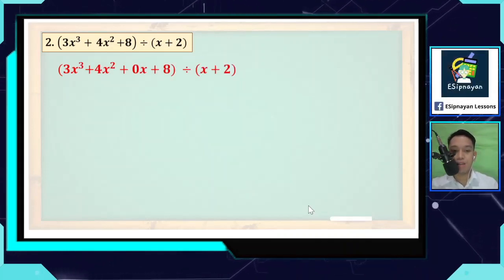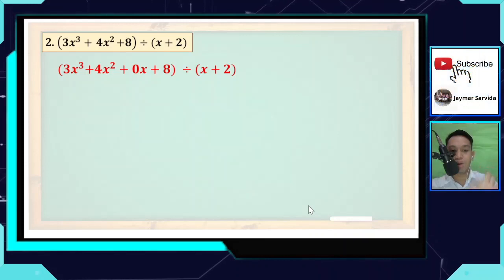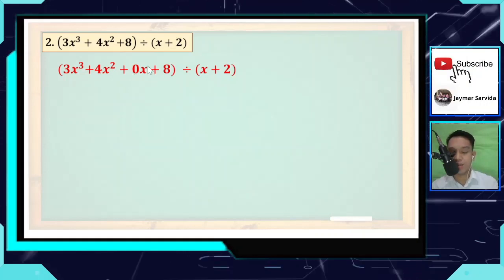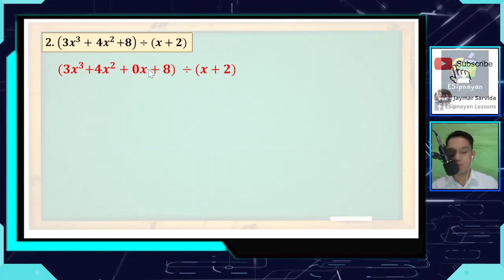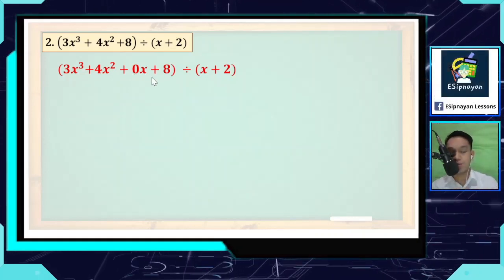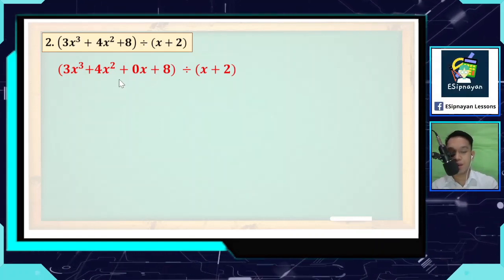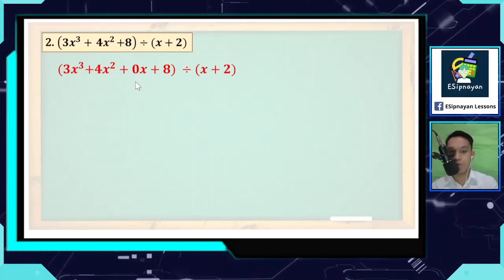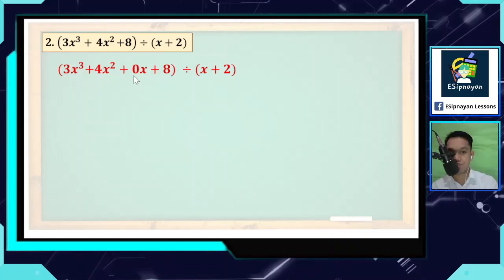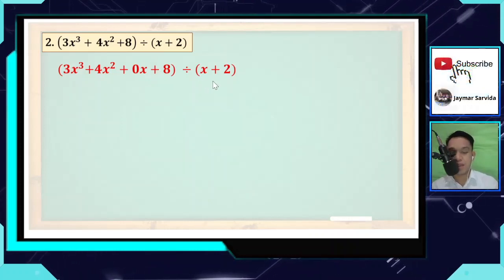Subalit, kulang yung ating term dito. So maglagay ka na lang ng 0 as a placeholder. Okay? So 3x cubed plus 4x squared, maglagay ka na lang dito ng 0x as a placeholder para sunod-sunod yung pagkakasunod-sunod ng ating powers of x. Plus 8 divided by x plus 2.